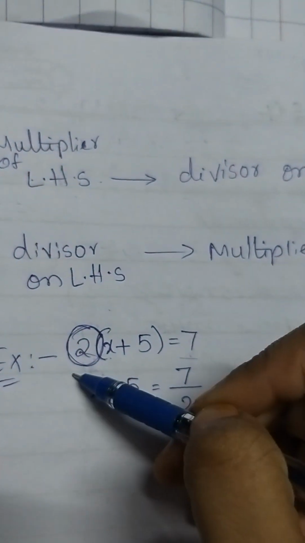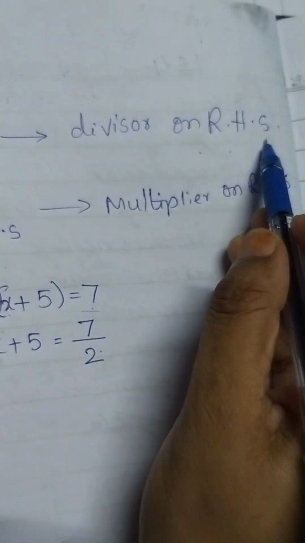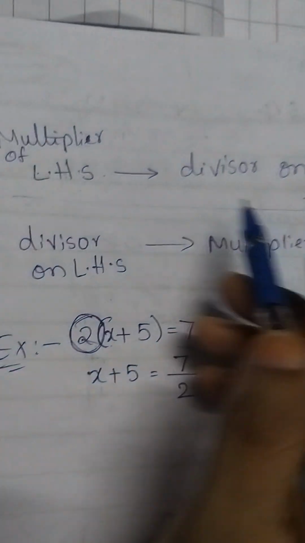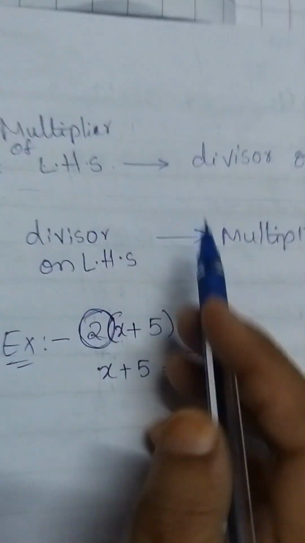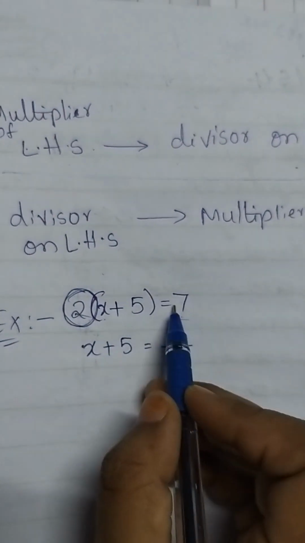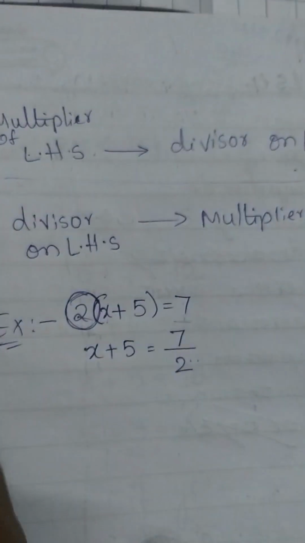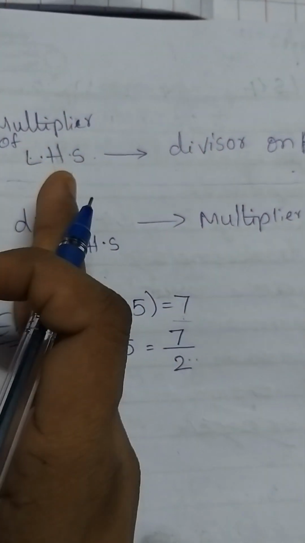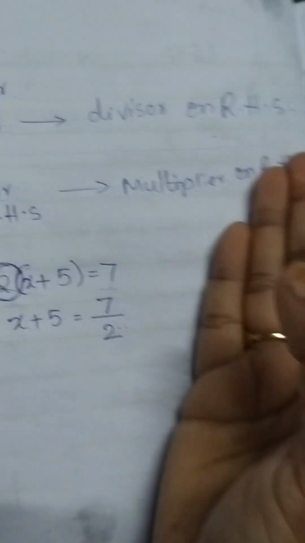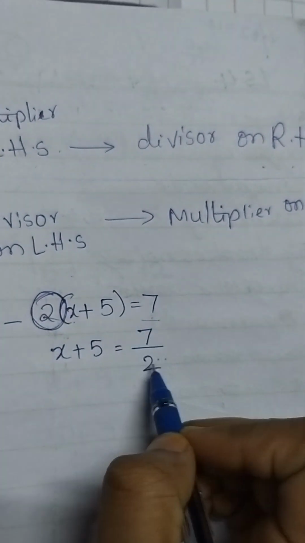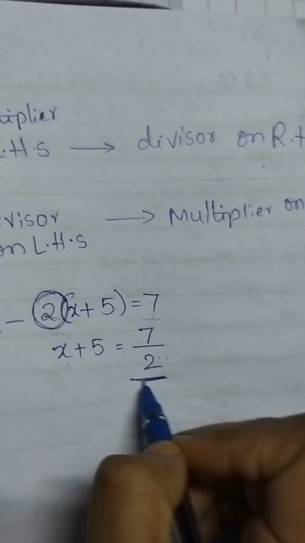Multiplier on the LHS becomes a divisor on the RHS. Please remember these principles of equation, children. LHS means left hand side, RHS means right hand side. So 2 comes to this side and becomes a divisor.